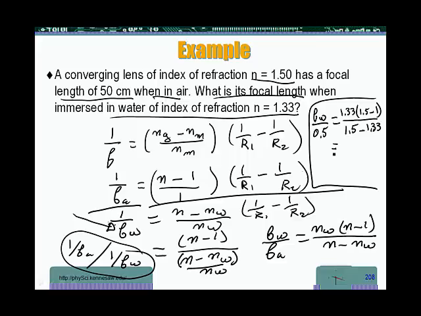So this is equal to 1.33 times 0.5 over 1.5 minus 1.33, that gives us 0.70. And then we solve for our focal length from there.